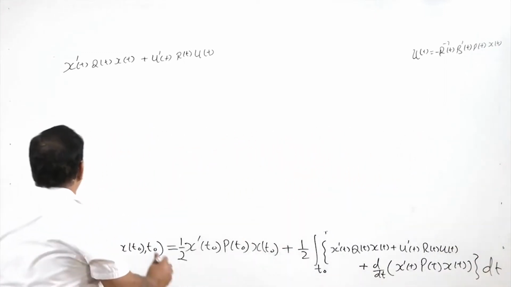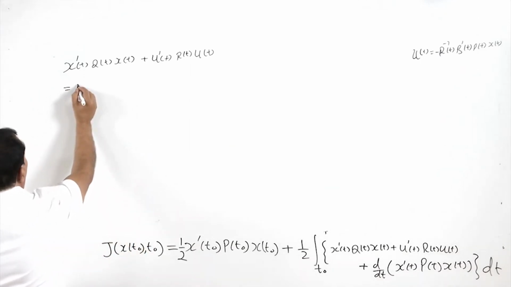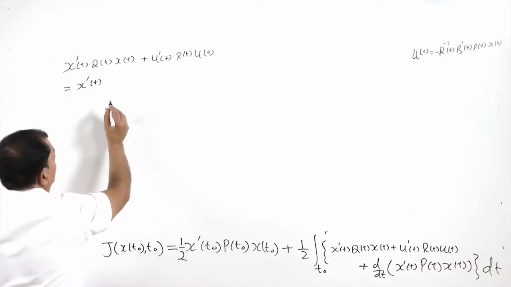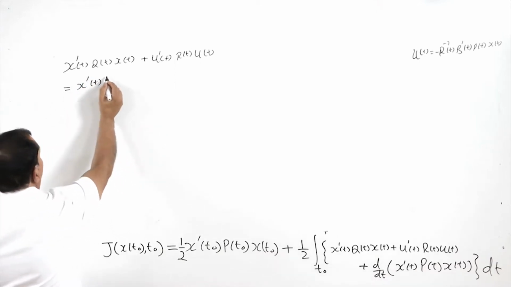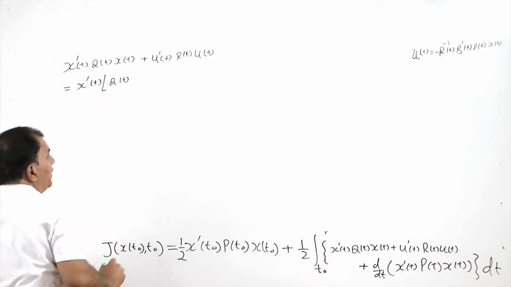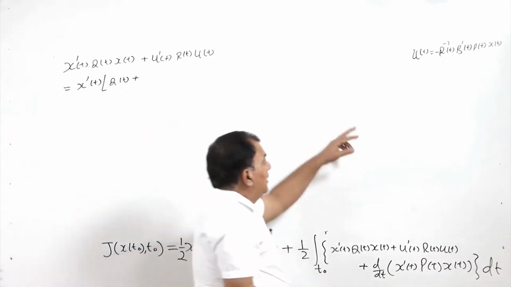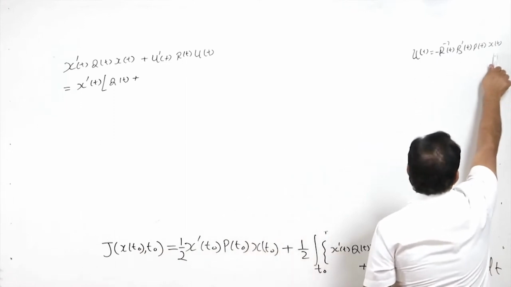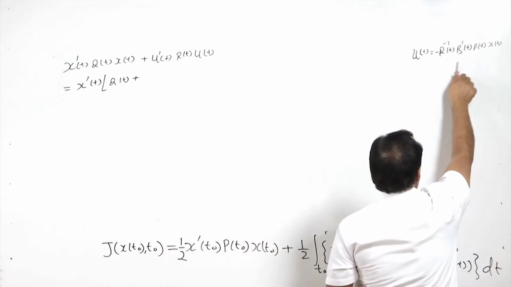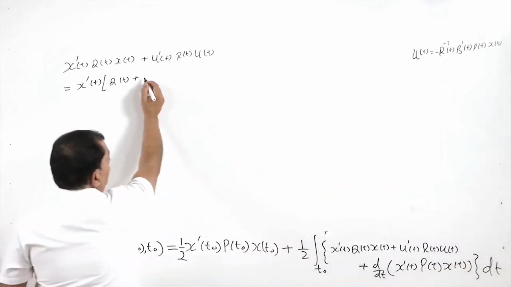If I take u this way, the value of this I can write as x transpose of t Q(t) plus, taking the transpose of this, x transpose will be the first term, then P B R inverse.